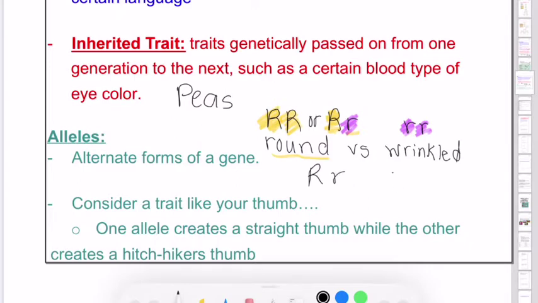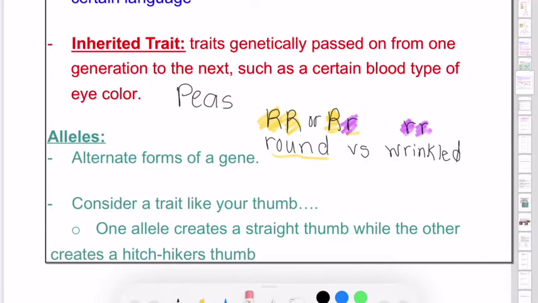If you start changing letters, then we're going to think you're talking about a totally different trait, like color, for instance, and that's not how we do it. I don't care what letter you use as long as you're being consistent. Normally we just use the letter that represents the dominant trait. Round starts with R, so we'll use an R.